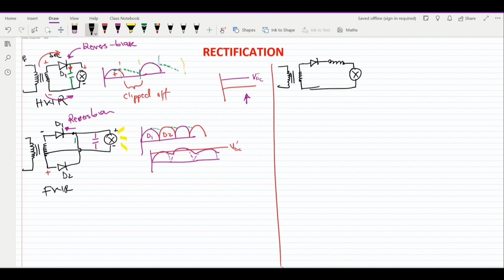Then, remember the output waveform before this, when there was no inductor, it was like that and like that. The problem with an inductor is that when it receives voltage, it absorbs that EMF in the form of a magnetic field. And when the voltage reverses, it will then produce its own voltage.